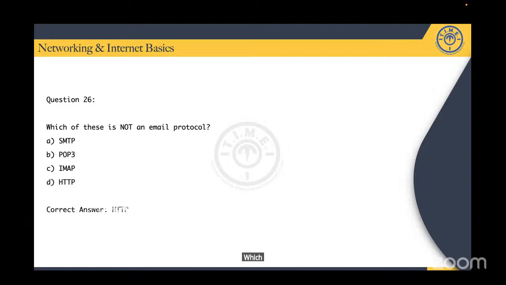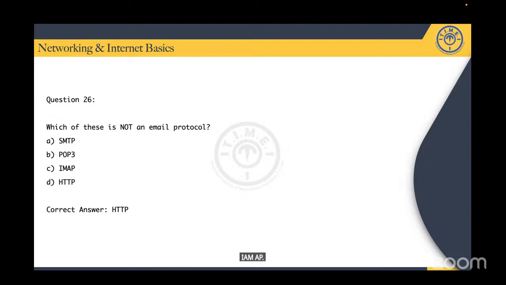Which of these is not an email protocol? The correct answer is HTTP. Why? Email protocols are used only for sending or receiving emails. Email-related protocols are SMTP, POP3, and IMAP.